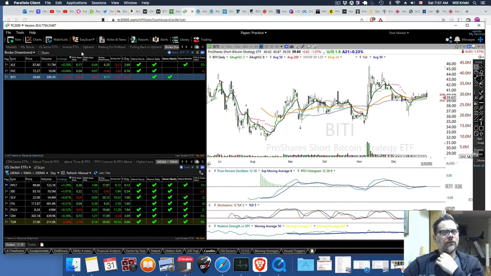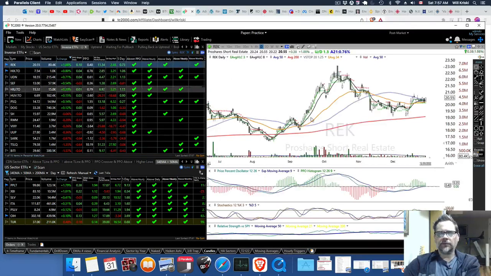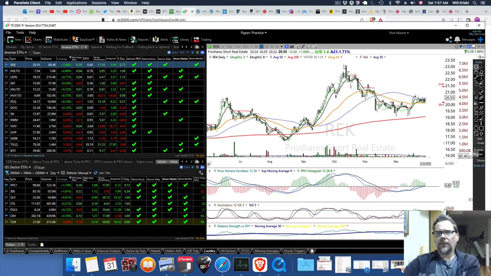So there's some manual ones I have, but when I see negative indices, I start to look at inverse funds like REC, which is the inverse short real estate. You can see we broke this downtrend, and we're above the 50. Now the 50 is sloping downward, but it is above the 200, and this is a potential entry point.